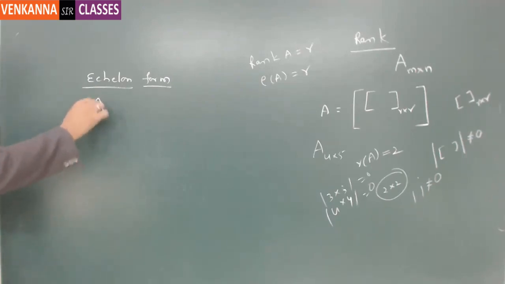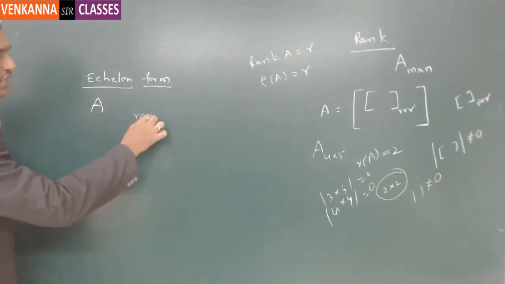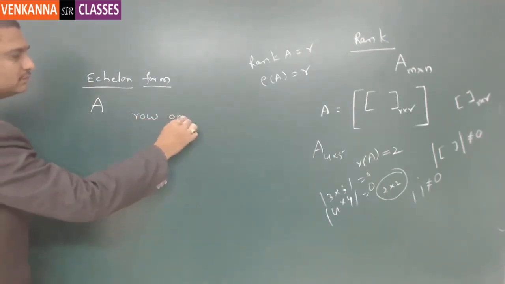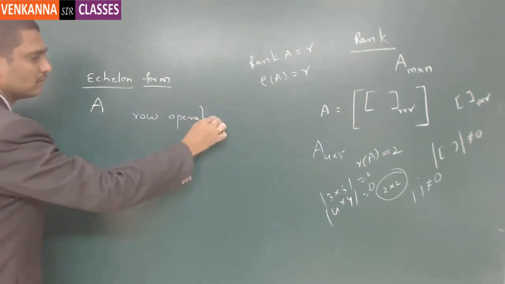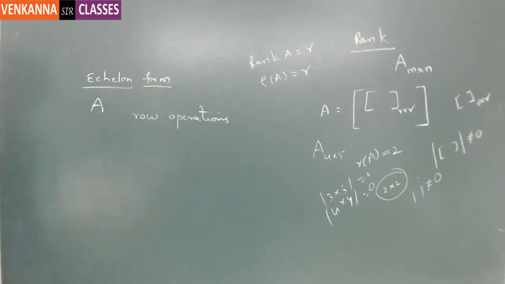Suppose you take a matrix of any order, either a rectangular matrix or a square matrix. On this, we apply only row operations and we reduce that matrix into a specific form.